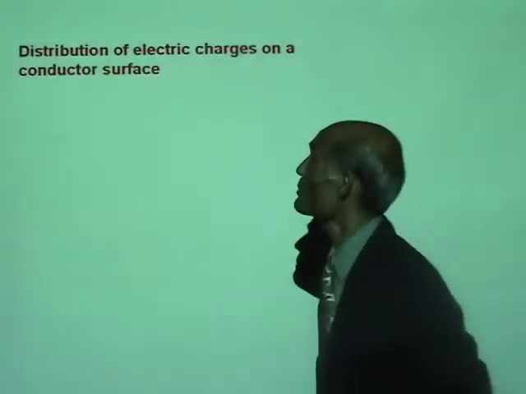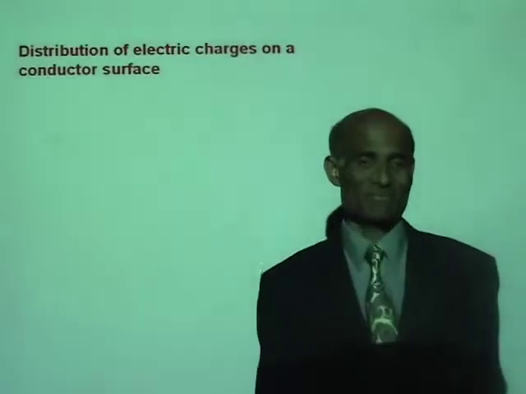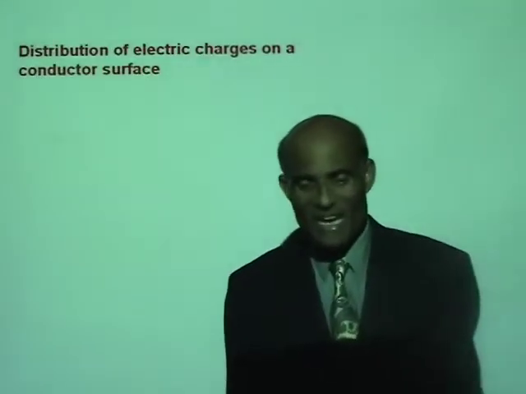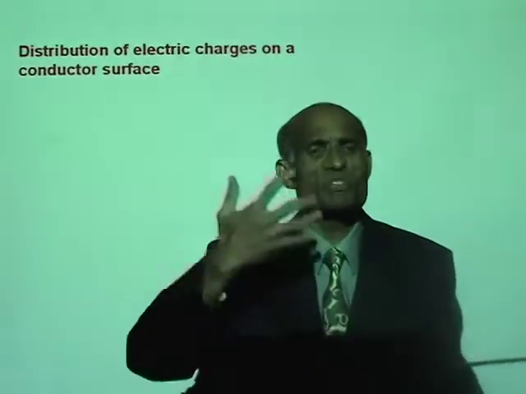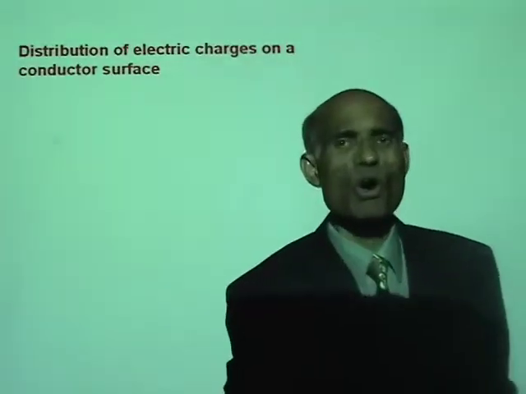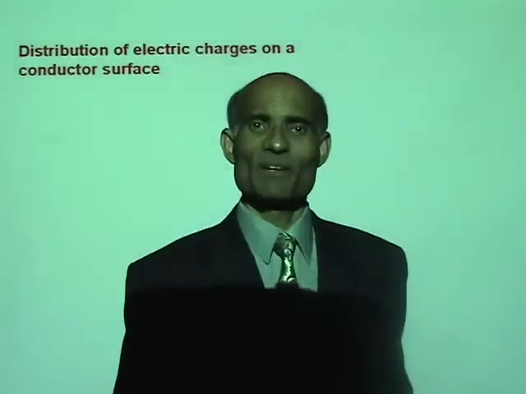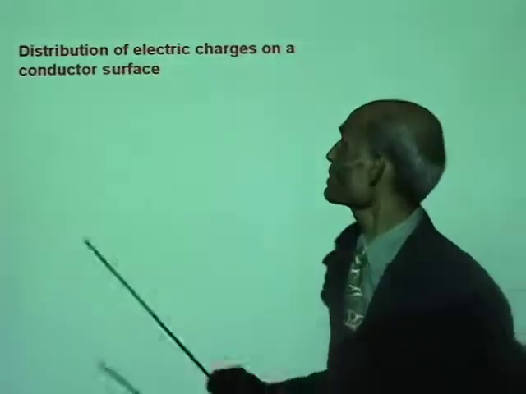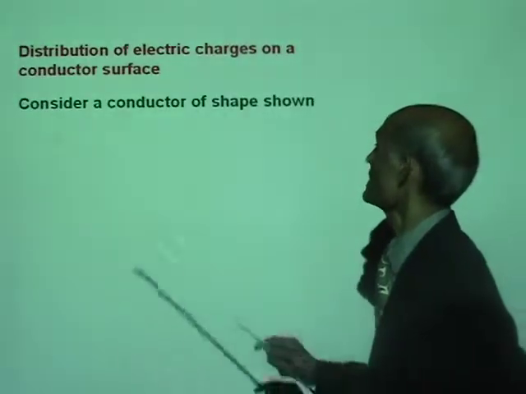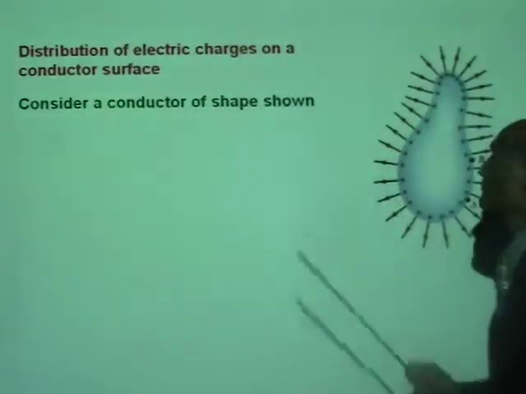Let's now talk about distribution of electric charges on a conductor. Now, if you charge a conductor, will the charges be distributed uniformly all over the conductor? What do you think? What will be the distribution of electric charges on a charged conductor? Now, consider a conductor of shape like this.